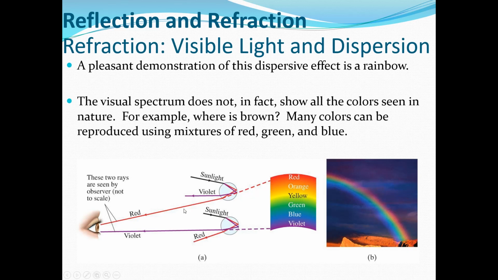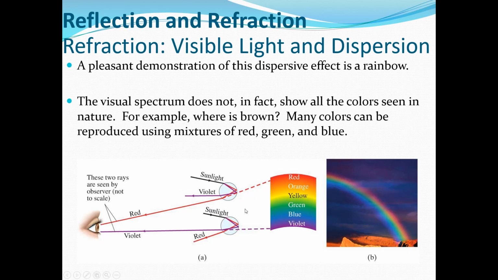And then same thing for the other water droplets. And the rays that do hit your eyes will cause you to see this rainbow effect, you know, red light being on top and violet light on the bottom.